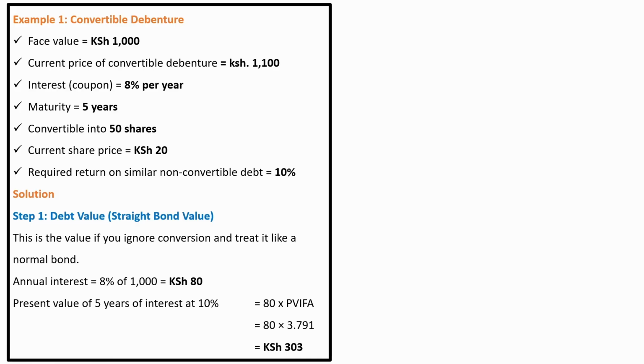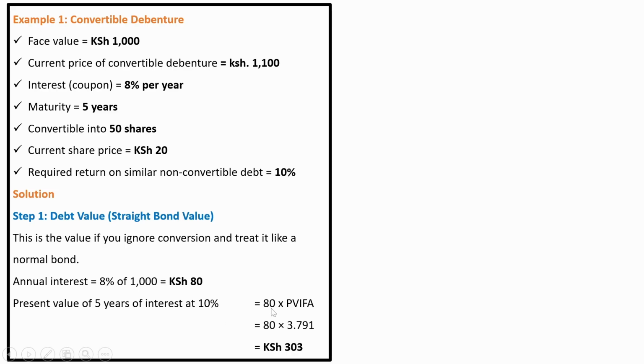Something that you receive every year, an income that you receive every year, is called annuity. So if you use the annuity table, you are going to look for the fifth period and 10%. You can do this using a formula and a calculator, or you can just check the annuity tables.